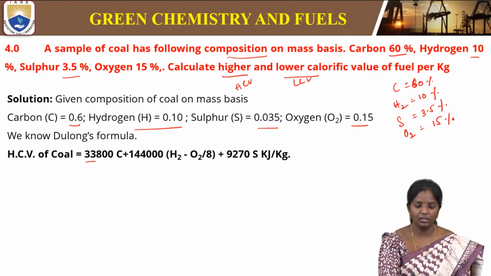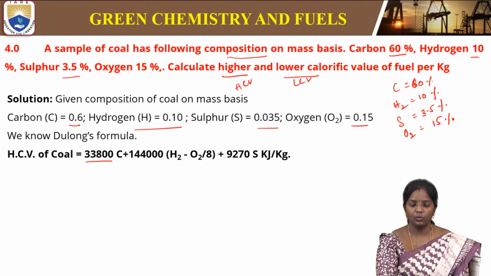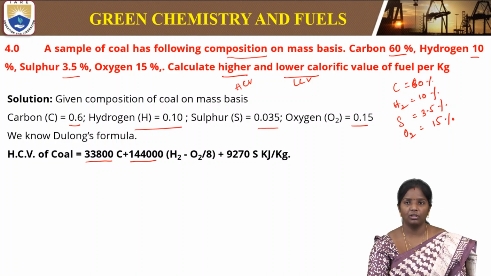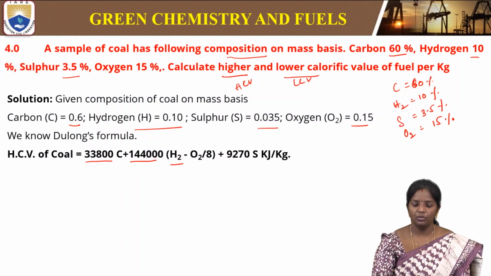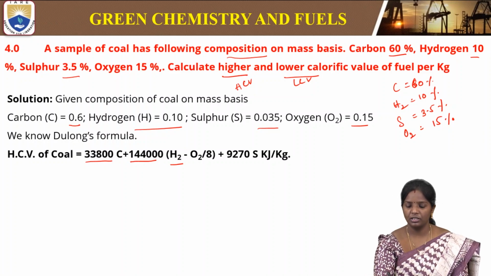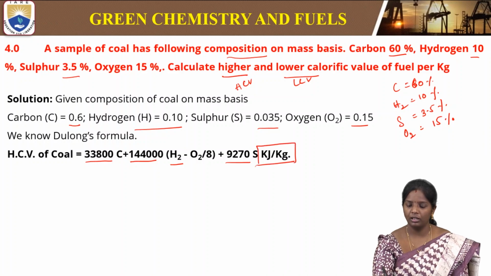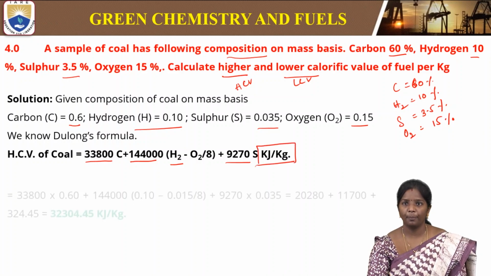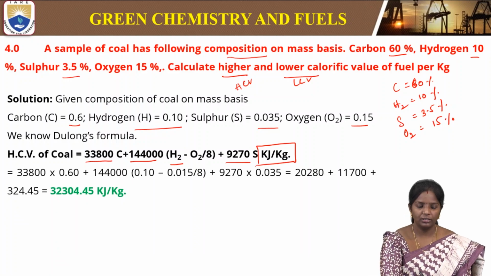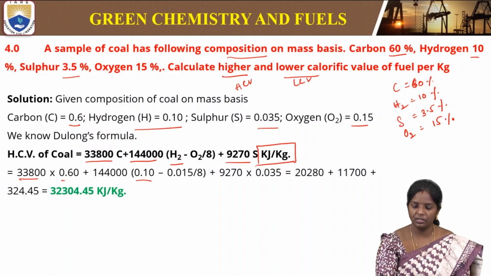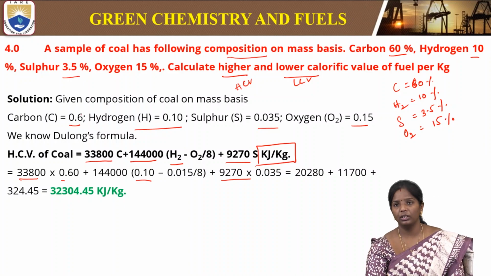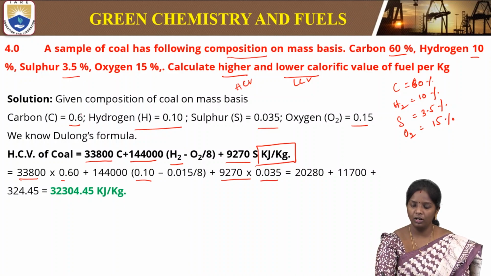Using Dulong's formula, 33,800 into carbon plus 1,44,000 into hydrogen minus oxygen by 8, plus 9270 into sulfur, expressed in kilojoules per kg. Substitute: 33,800 into 0.6 for carbon, hydrogen 0.1, oxygen 0.05 by 8, plus 9270 into sulfur 0.03.